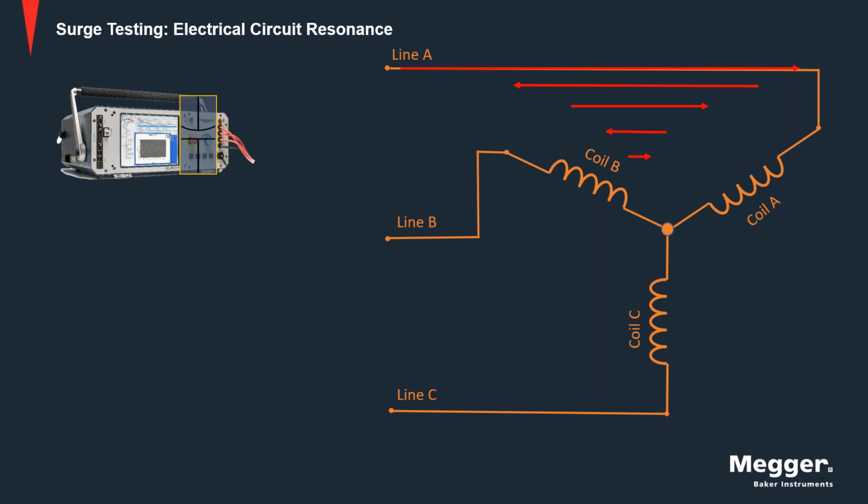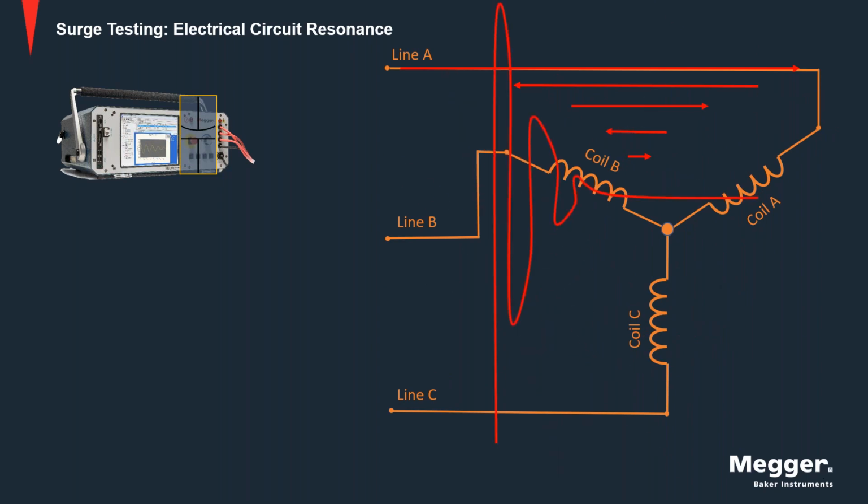It collapses very rapidly and pushes that energy back into the tester, where it creates an electrostatic field, collapses, and pushes that back into the windings. We have this back and forth exchange of energy between the tester and the winding under test, creating that nonlinear drop of voltage across the windings and stressing that turn-to-turn insulation.